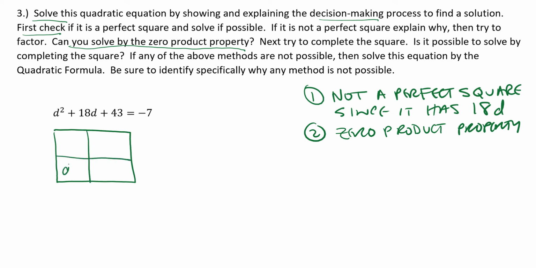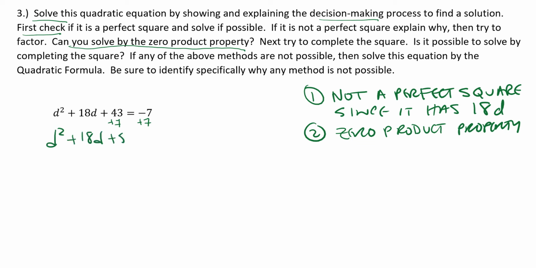So I have d squared. Oh, I need to add 7 to both sides. So actually let me do this. I want to add 7 to both sides first. So then I get d squared plus 18d plus 50 equals 0. Then I want to try and factor it.